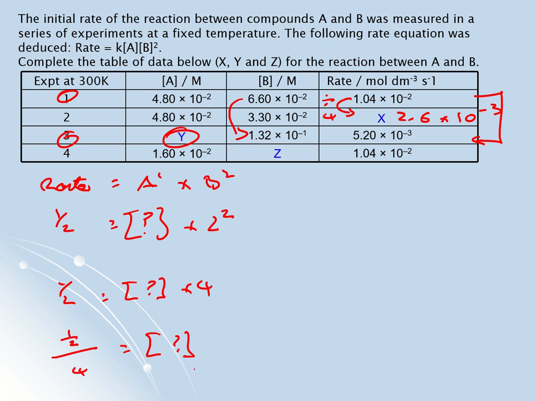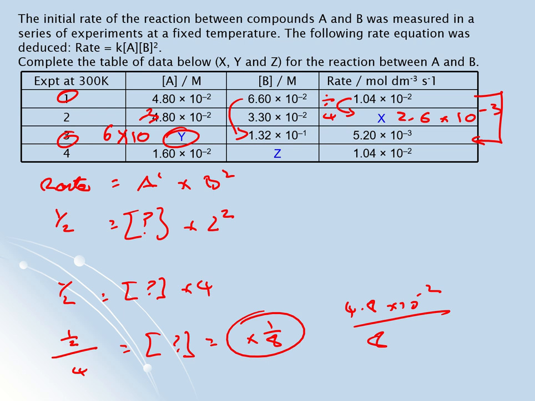So the change in A equals times 1/8. So if my A starts off at 4.8 times 10 to the minus 2, divided by 8, gives me 6, so the new concentration of A would be 6.0 times 10 to the minus 3. Hopefully that makes sense to you.